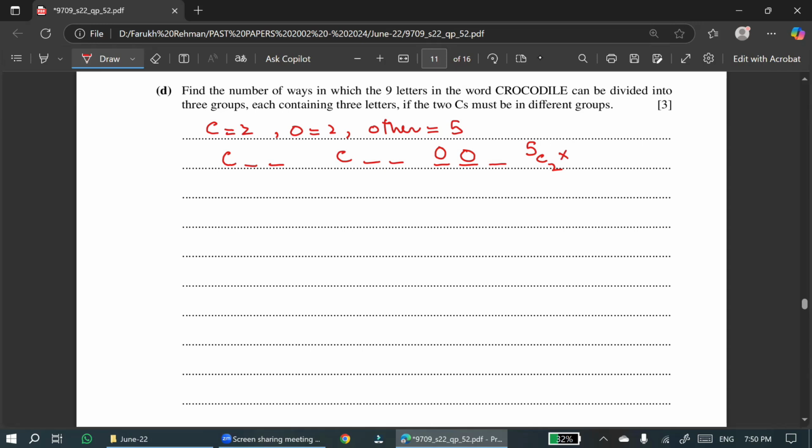For the second group, out of the remaining three, we will select two, and the last one will be placed in the third group. These are 30 options. Now, case 2. In the second case, we will place the two O's in the group in which there is one C.